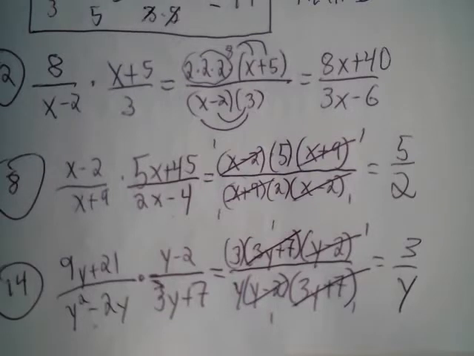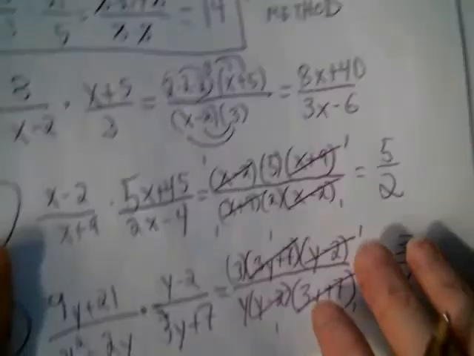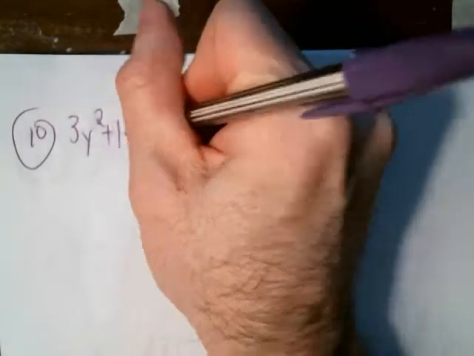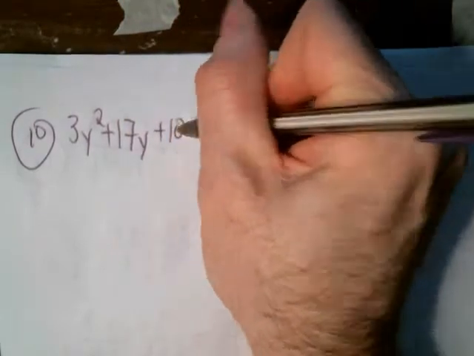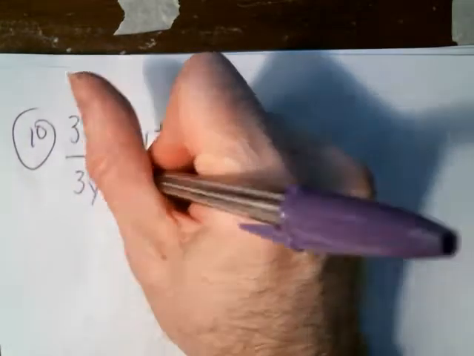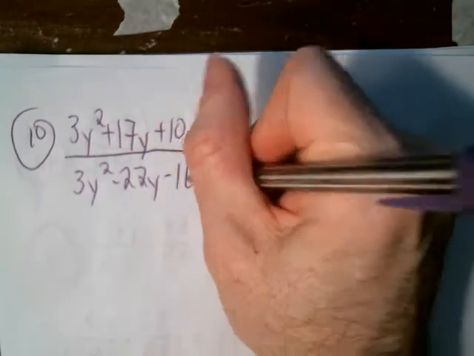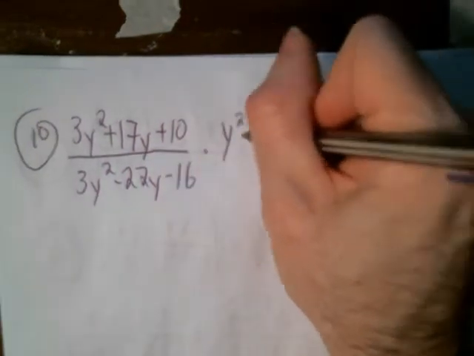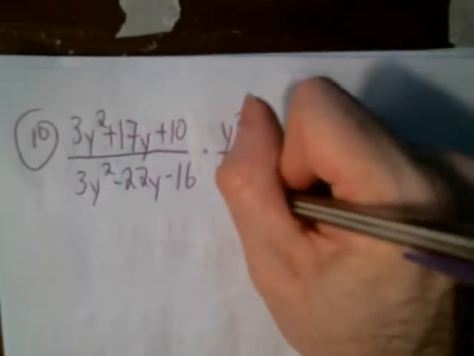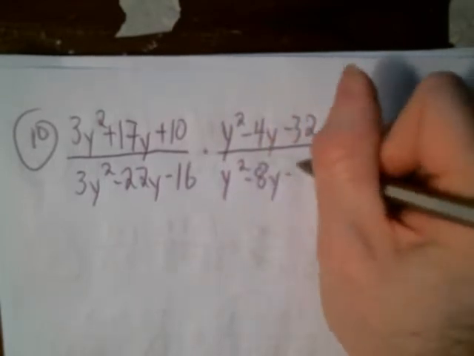Let's look at just 3 more, and then we'll look at division. Okay, so number 10, I think it says 3y squared plus 17y plus 10 all over 3y squared minus 22y minus 16 times y squared minus 4y minus 32 all over y squared minus 8y minus 48.